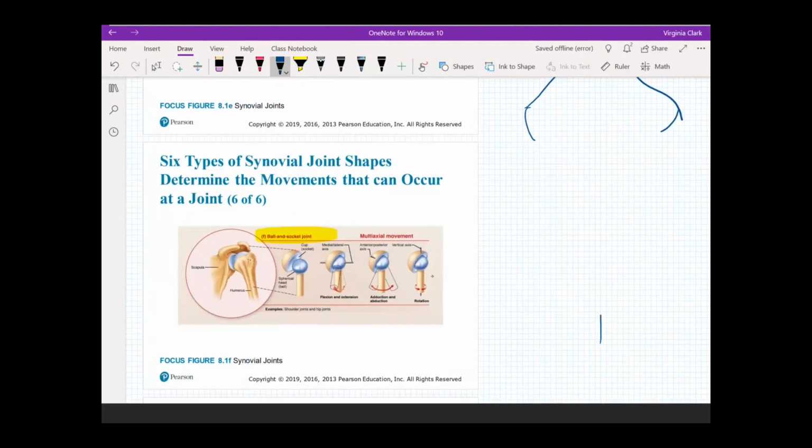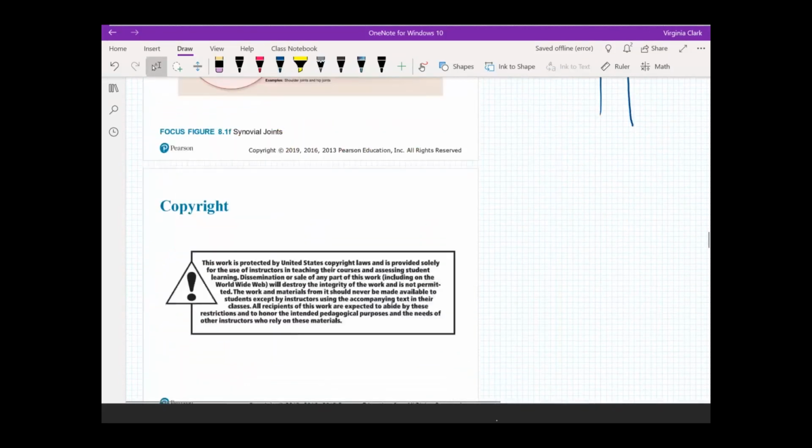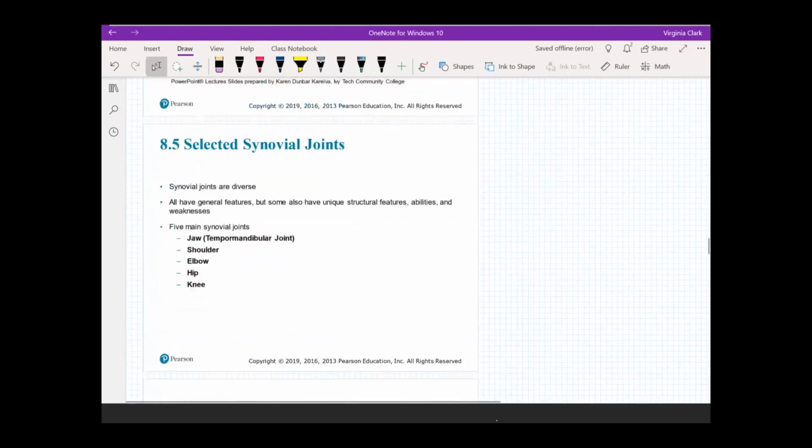This is the most stable because you've got the ends of your bone, and then a pretty full connected joint area covering around it. This is the most stable of the joints because the surface area of the bone connecting to the bone is the largest.